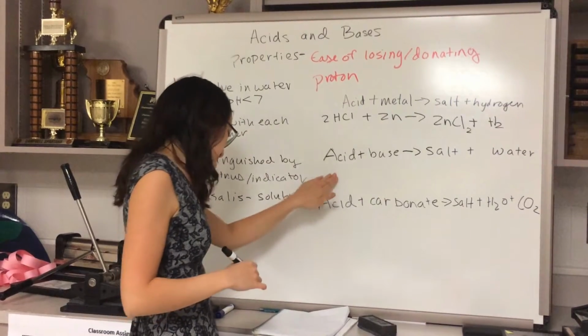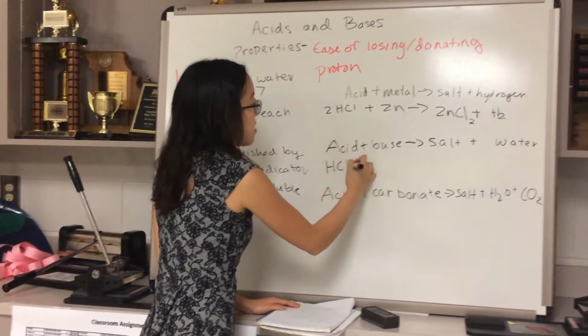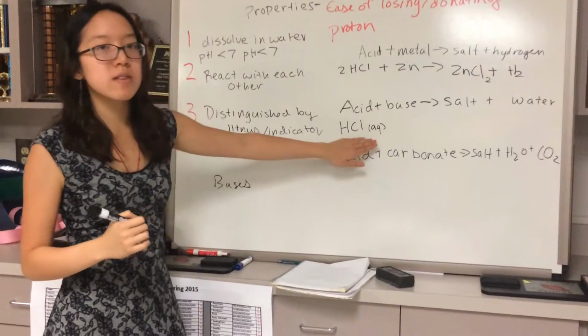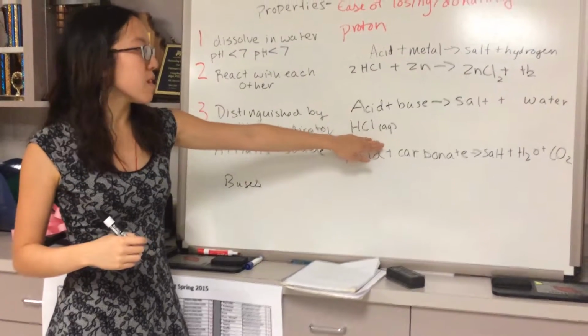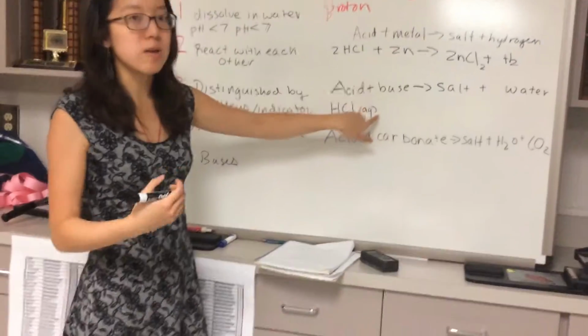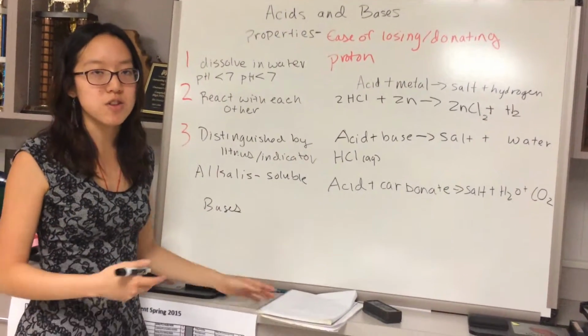Now we have our acid and base reaction example. Yet again, I'm using hydrochloric acid, which, if you want to, you can distinguish by using aqueous. So for our IB tests, it's not really necessary for a lot of questions to actually put if it's aqueous or solid or in solution. Only if they tell you that you should, then you should put it.